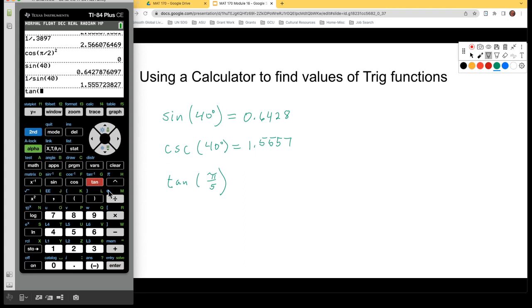The pi is this little shifted button here. Divided by 5. And there's my value, to four decimal places. Okay, so we could use the calculator to do that.